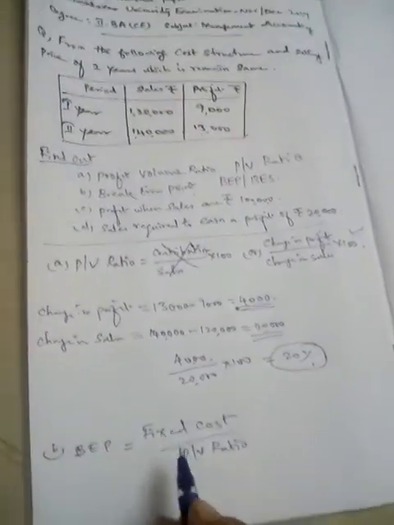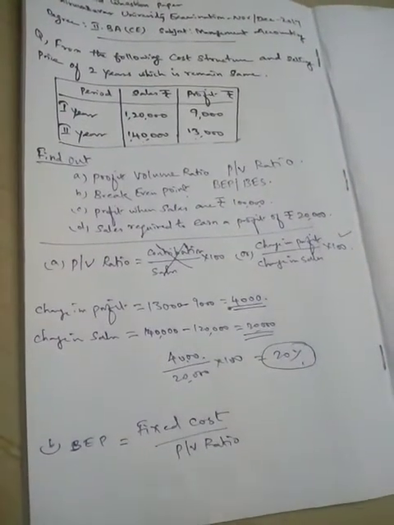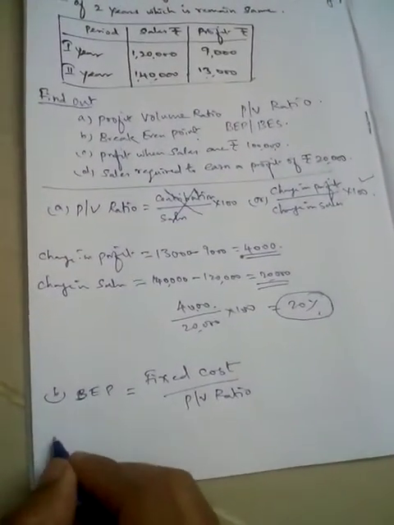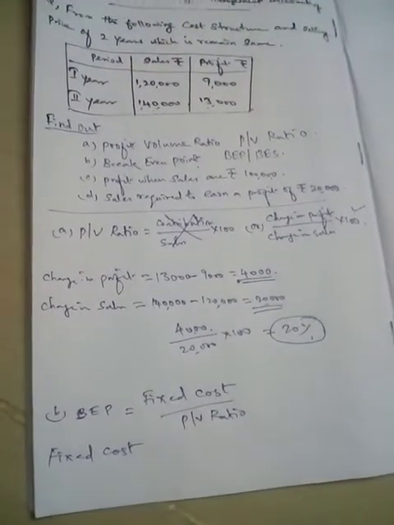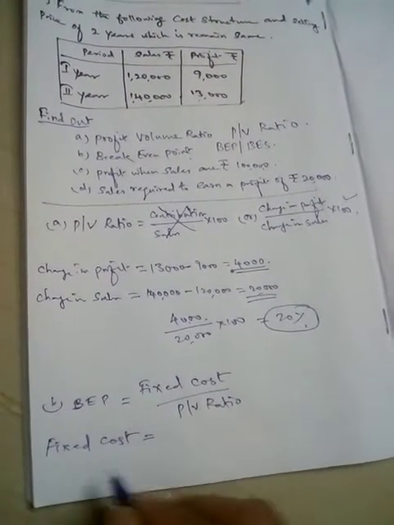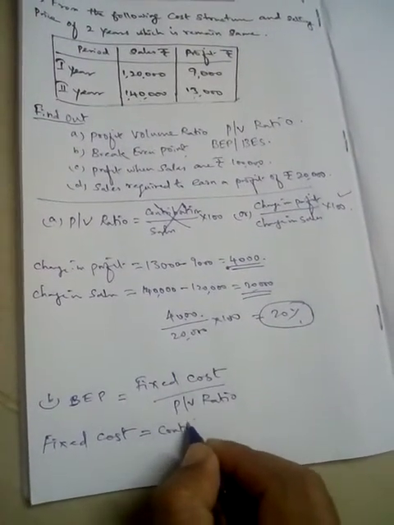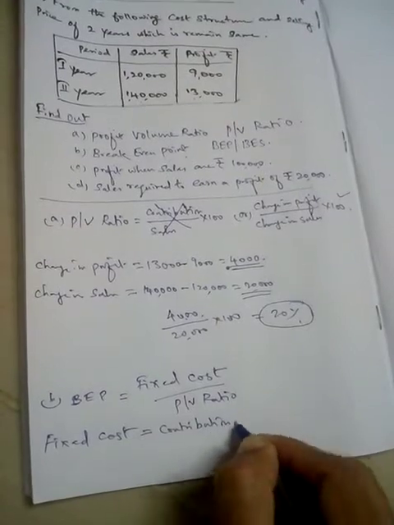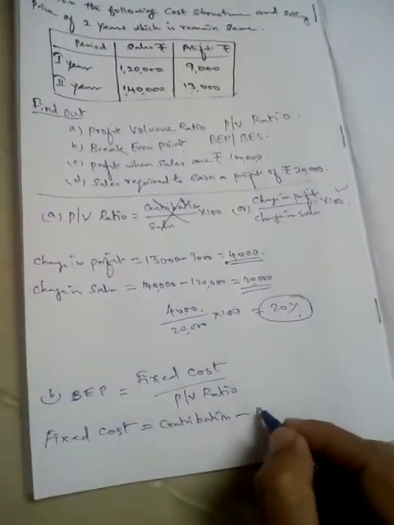In the question, no fixed cost is given, so we have to find the fixed cost first. The fixed cost formula is contribution minus profit.